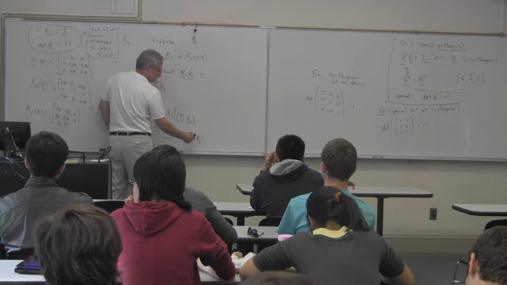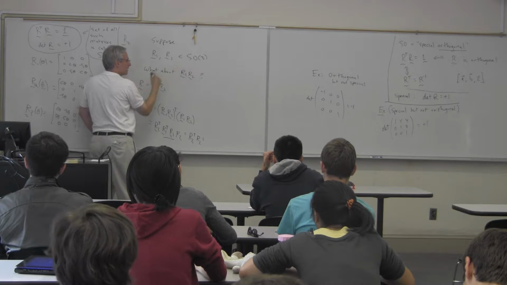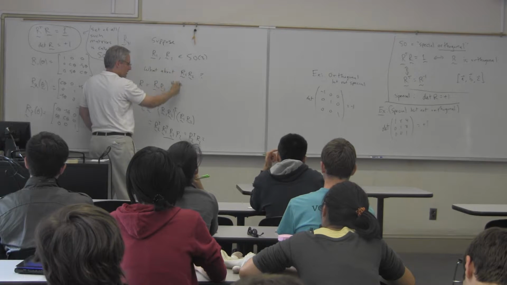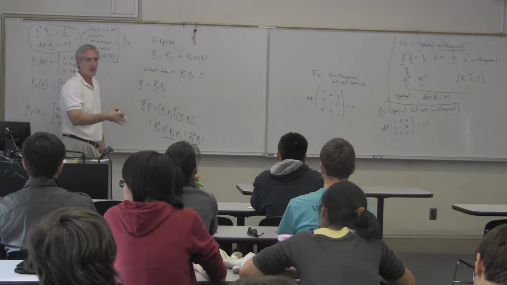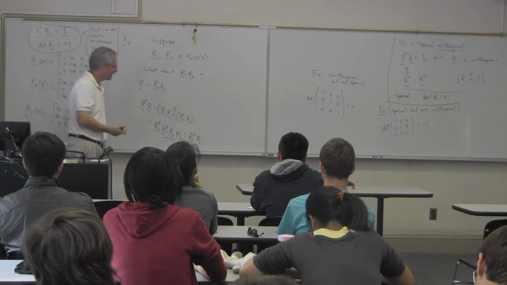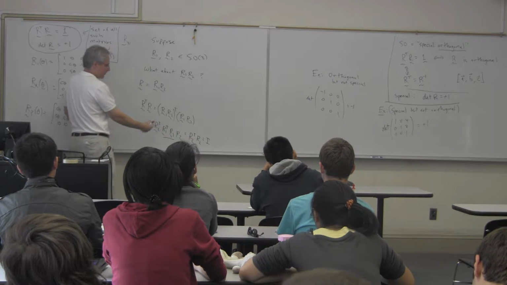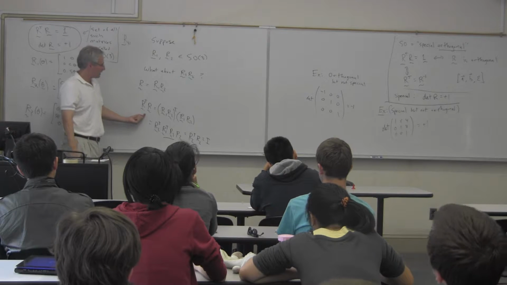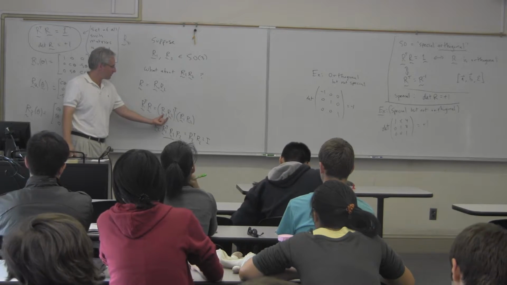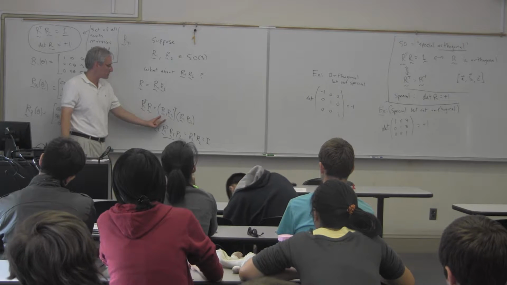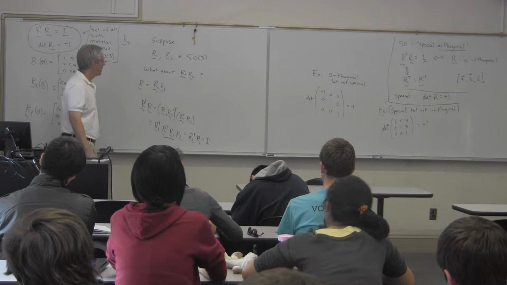And because R1 and R2 are both assumed to be rotation matrices, that's the premise of our statement here, we're asking if we multiply them, do we get a rotation matrix back? The answer is at least we get an orthogonal matrix back because of this little rule here. The product of two orthogonal matrices is itself orthogonal again. That's what we've just shown.